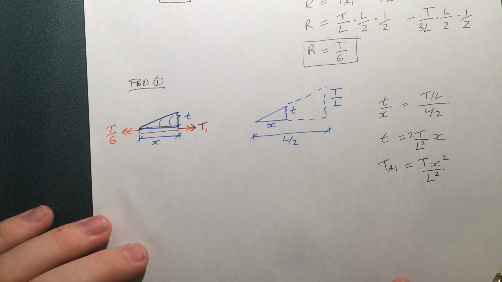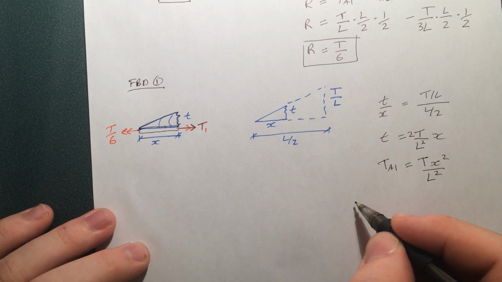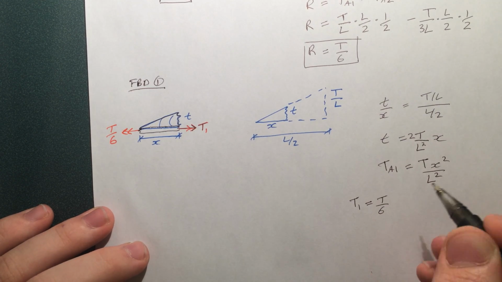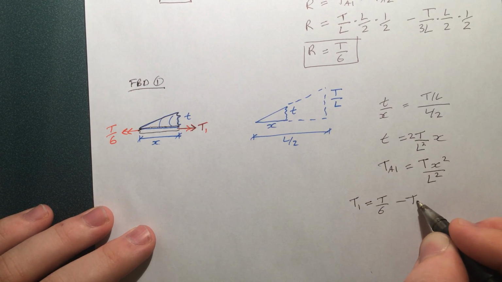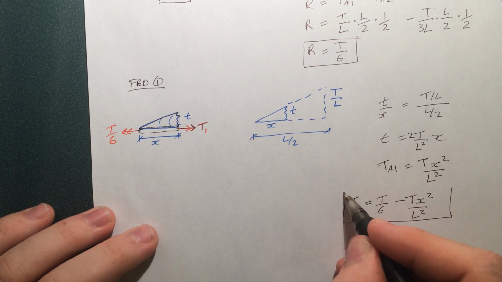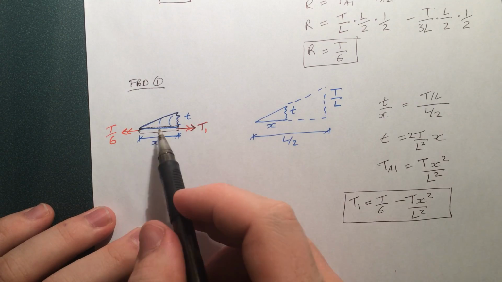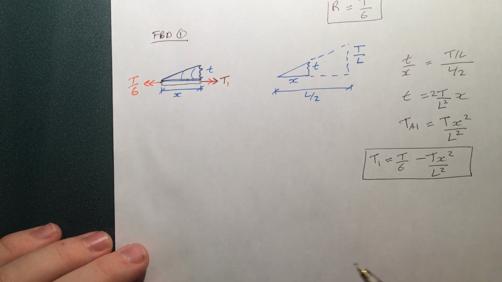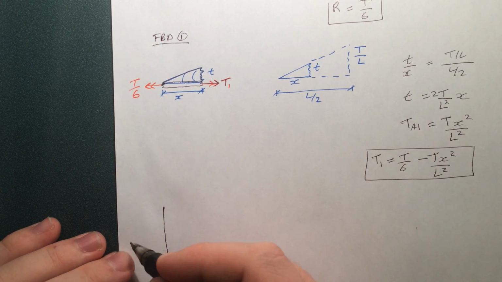Now we can say, using equilibrium, that T1 is T over 6, just using equilibrium of this. I won't get into that. So let's quickly plot this now.